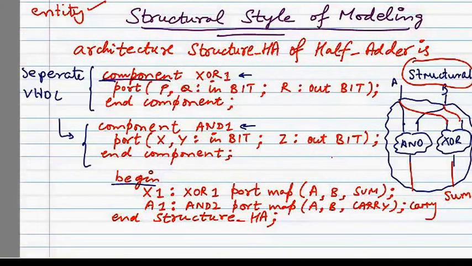Component XOR 1, which has ports P and Q as inputs and R as output. Similarly, component AND gate has X and Y as inputs and Z as output. So let's look at this. I would have P, Q and R. Similarly, I would have X, Y and Z as my individual components of my XOR gate.